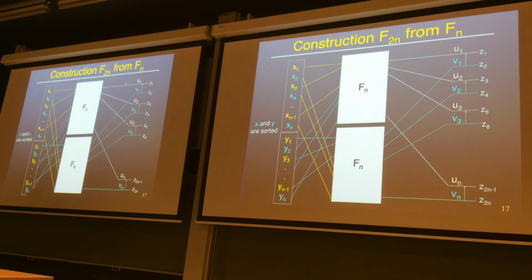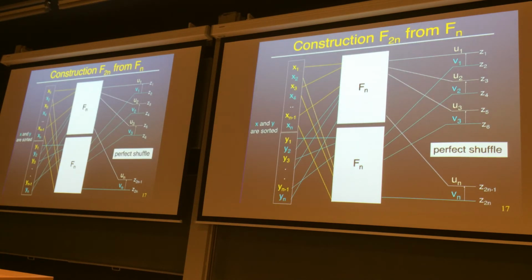The first output of the first network is compared with the first output of the second network, and the minimum of them appears at the first output, so it's the minimum of the total input. Then the second is compared with the second of these, and here this is the third in size, the fourth in size, fifth in size, sixth in size, and here the final maximum of the total input appears. Just by making these comparisons.